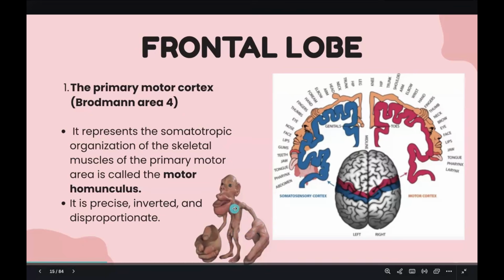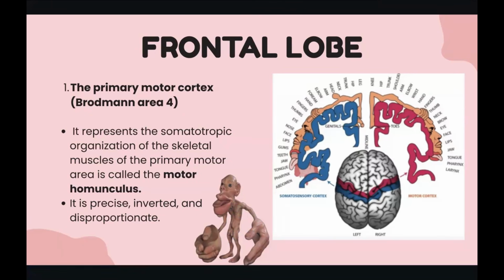This is because it's showing how highly skilled, complex and sophisticated the nerves regarding our hands and face are, as opposed to the rest of our body. You get me? So this is how it's depicted.